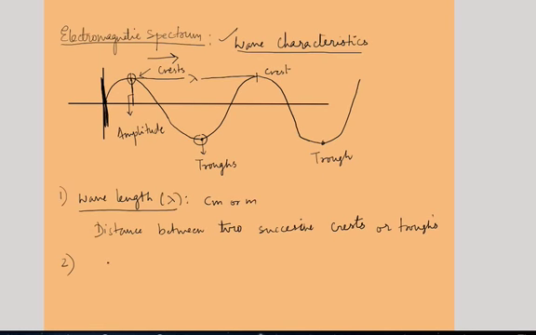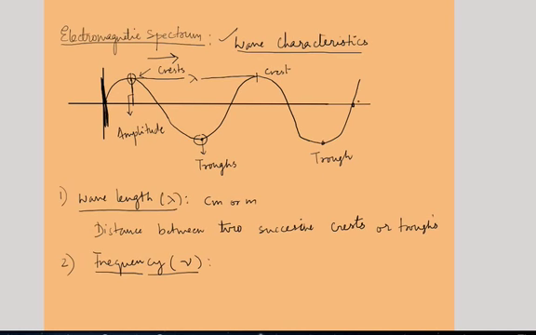And next important characteristic is what we call frequency. We denote frequency as nu. This symbol is called nu. And what exactly is frequency? Frequency is the number of waves that has traveled at a particular place per second.